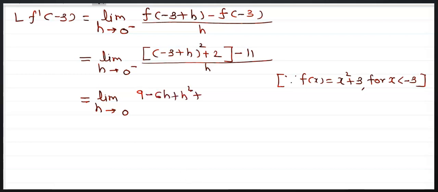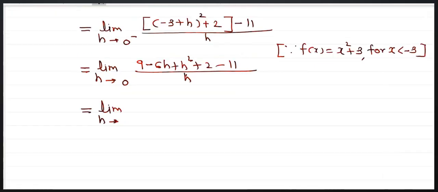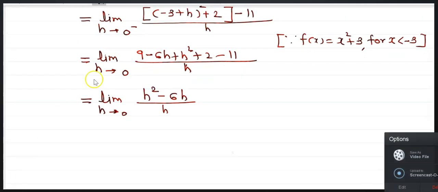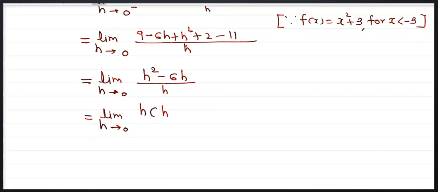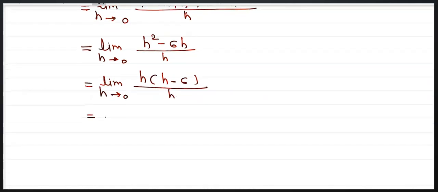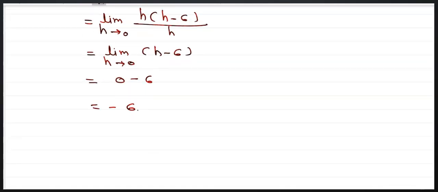That is 9 minus 6h plus h square plus 2 minus 11. Therefore, you will get 9 plus 2, that is 11, and 11 minus 11 get cancelled. That is h square minus 6h upon h. h get cancelled. As h tends to 0, you will get the limit as minus 6. This is the left hand side limit.